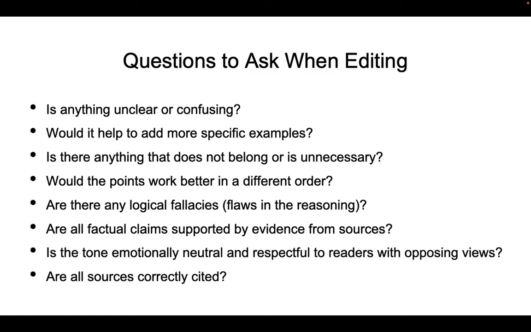Is the tone emotionally neutral and respectful to readers with opposing views? If anything seems too emotional, informal, or insulting, try rewriting it. Are all sources correctly cited? Check every place where you include information from sources, and make sure there is a citation that correctly follows the style guide.